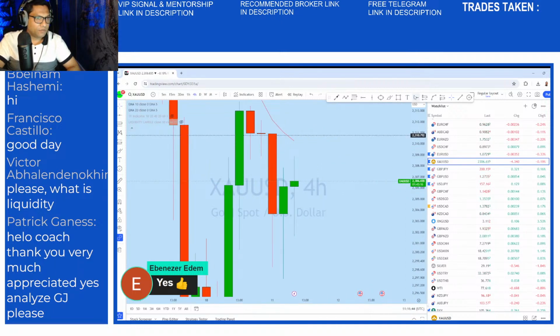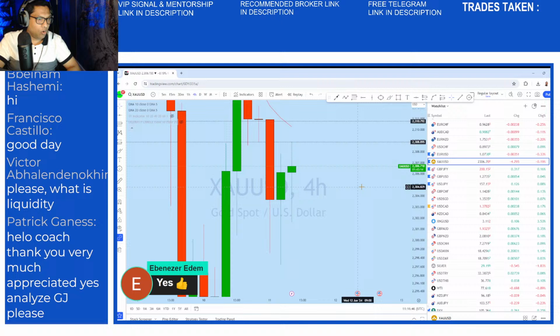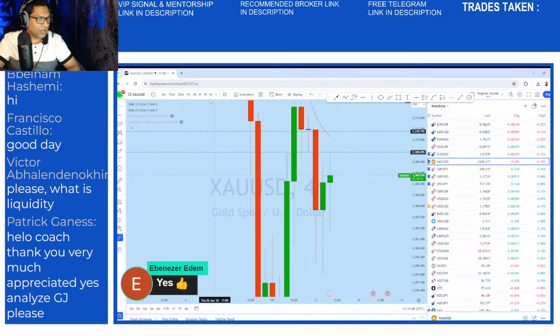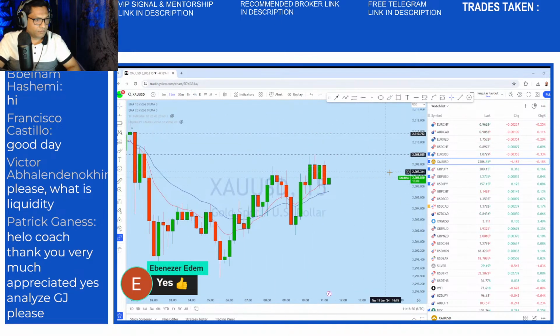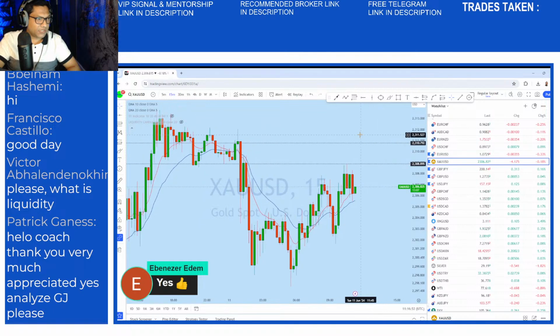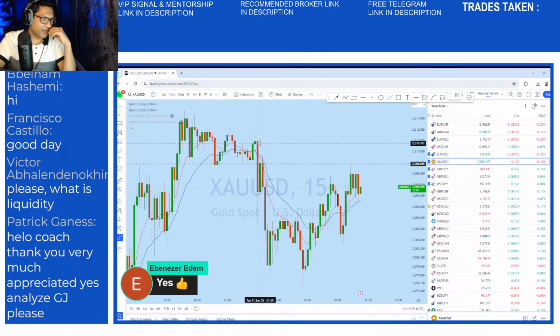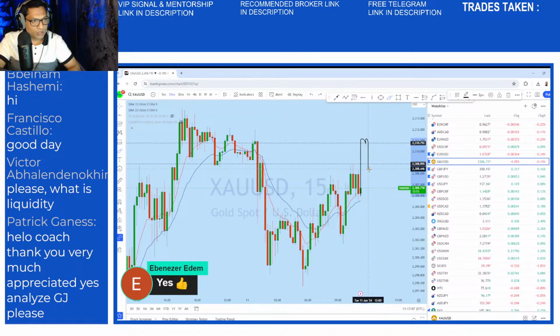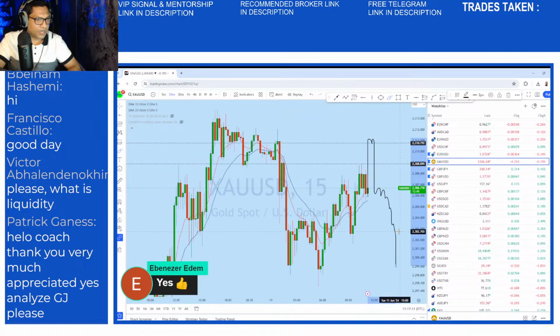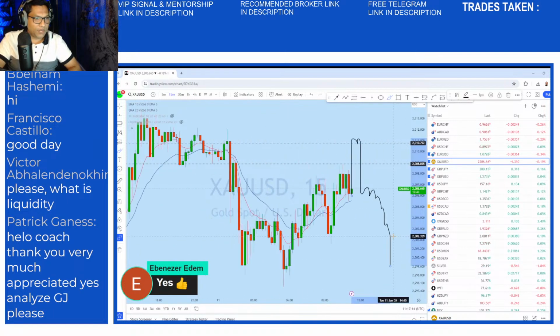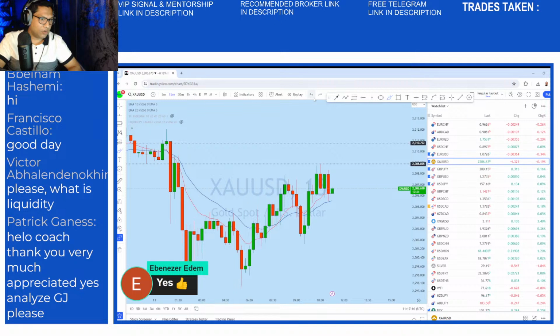What I think is that this is the high and the low, and it may break up this high. As you can see, this is a liquidity zone. Expecting it to move up to that liquidity zone, then we can expect it to break below in that direction. So that might be the pattern on gold that we might see.